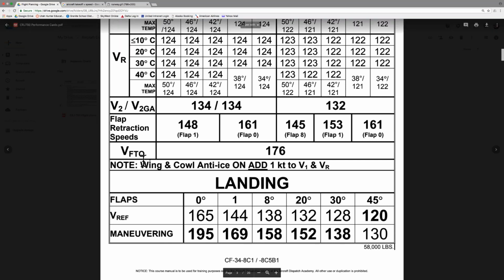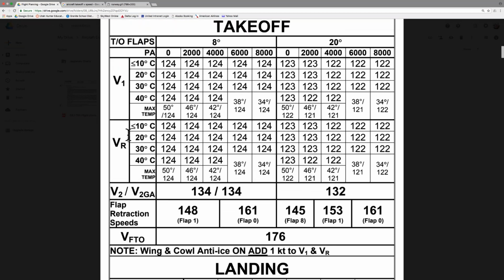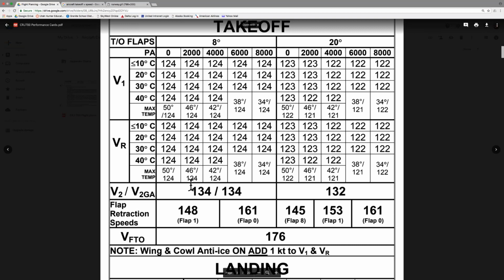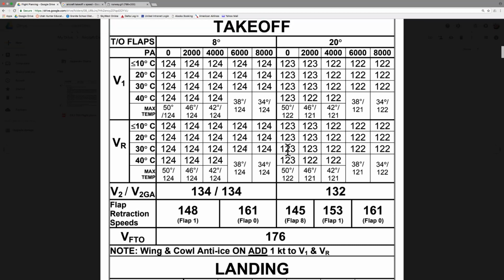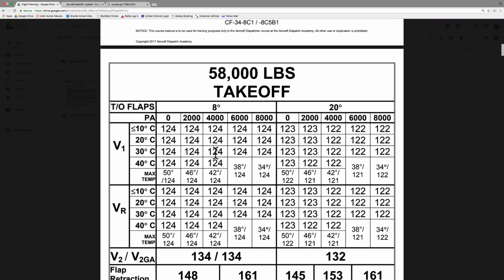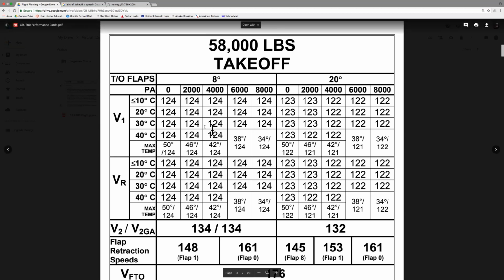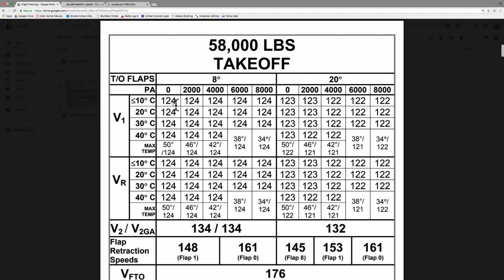Okay, so you can see when we're planning the flight, we'll actually write down our V1, VR, V2 speeds. Depending on the weight of the aircraft and the temperature outside and the altitude.